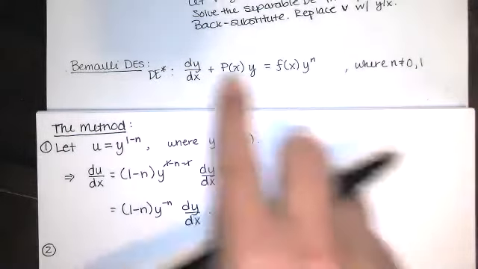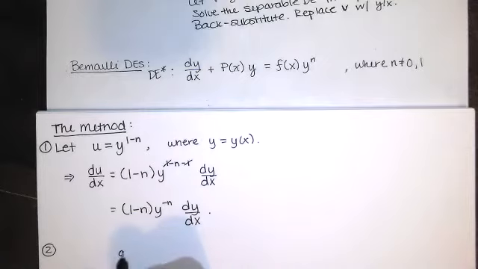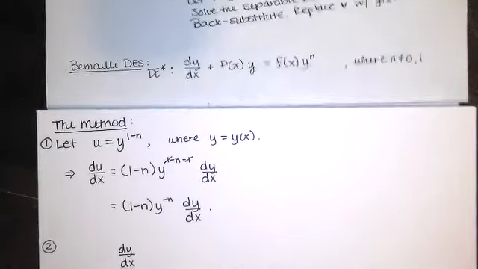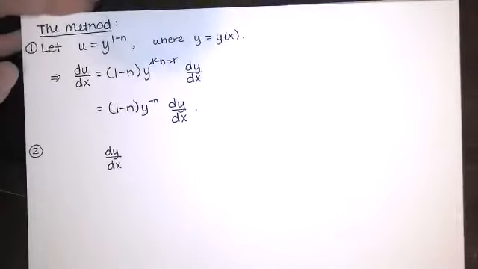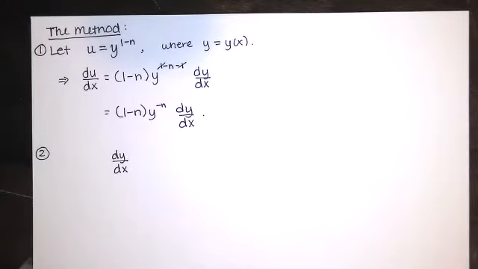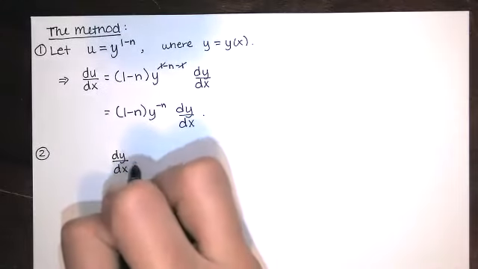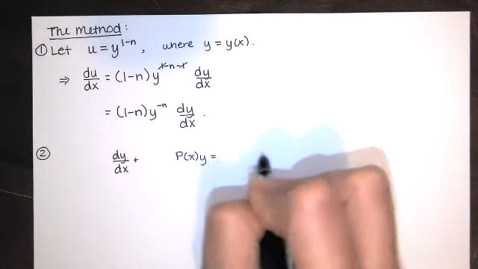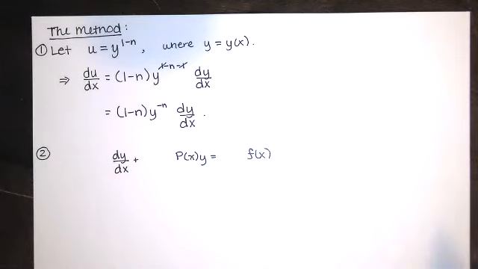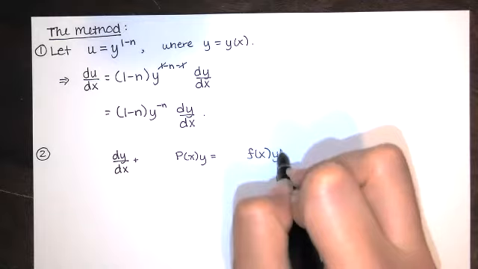After you've written that differential equation in that form, I'm going to leave some space here. You want to take the differential equation. Oops, and there's a y to the n over here.